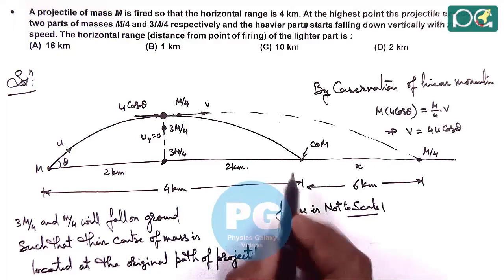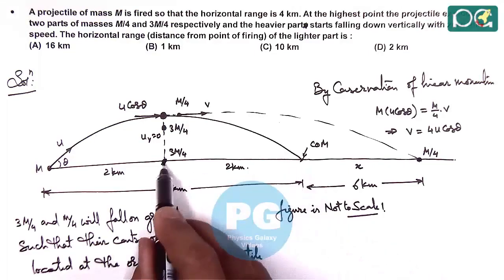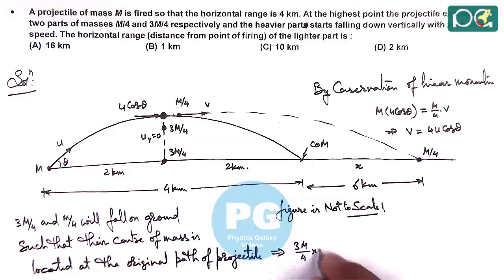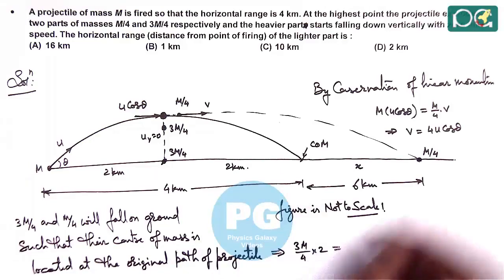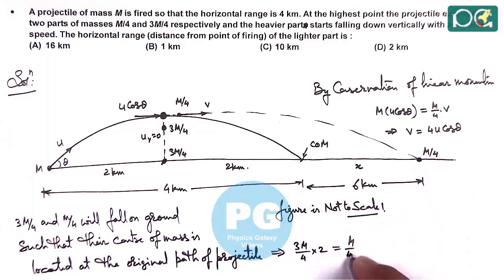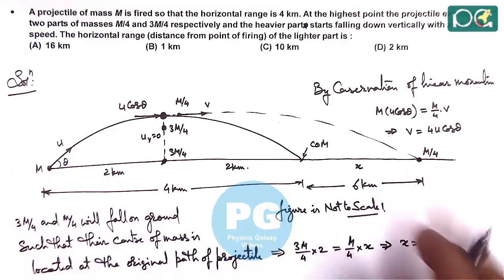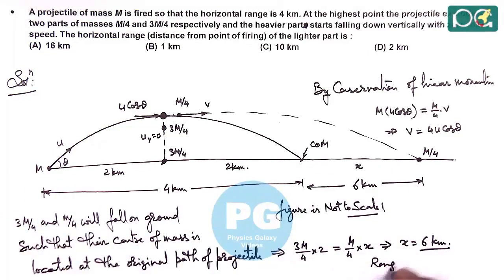So we can see if this is the center of mass, then the mass moment of these two is 0. So here we can write 3m by 4 multiplied by 2 kilometers should be equal to m by 4 multiplied by x. Here you can see value of x we are getting is 6 kilometers. So the total range can be written as 4 plus 6 is equal to 10 kilometers.